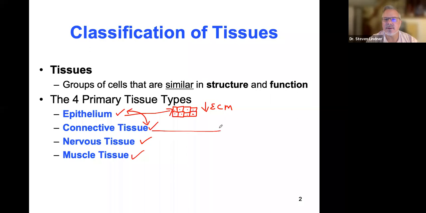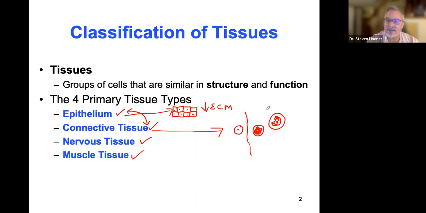Connective tissue, on the other hand, maybe we have a red blood cell here. Maybe we have a lymphocyte here. Maybe we have a monocyte here, right? We have cells, but they're not closely packed together.